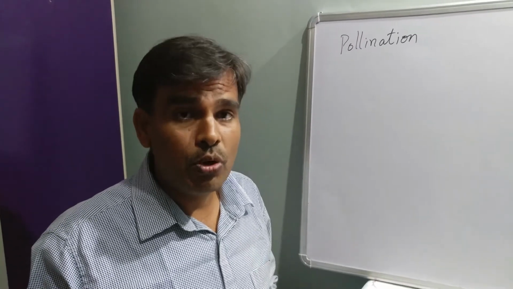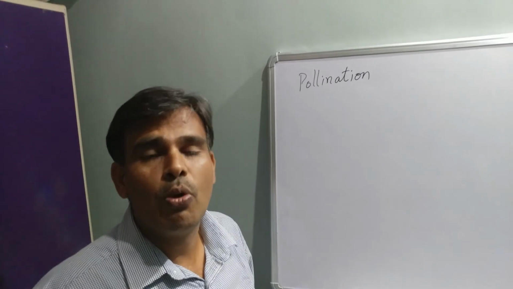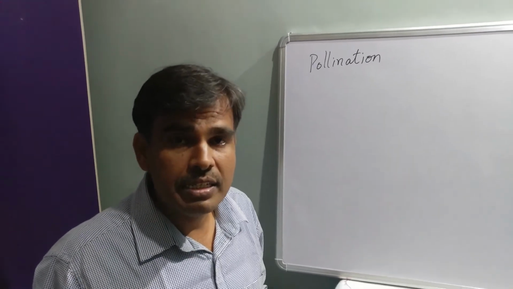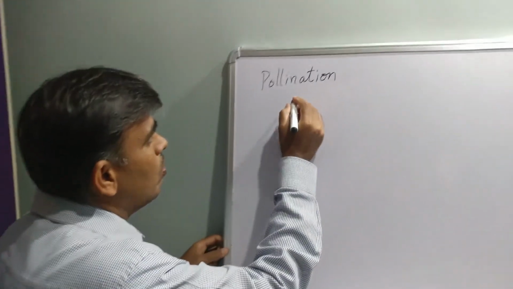The process of transfer of pollen grains from anther to the stigma of a flower is called pollination. In the Solanaceae family, we find cross pollination.